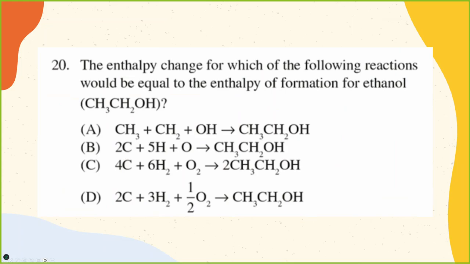All right, so the enthalpy change for the following would be equal to the enthalpy of formation for ethanol. The formation of ethanol. Enthalpy of formation means it has to be 1 mole of ethanol from its elements.